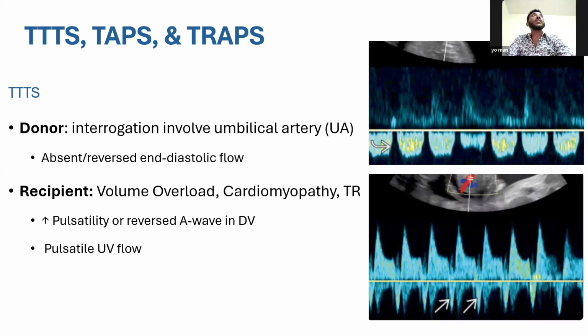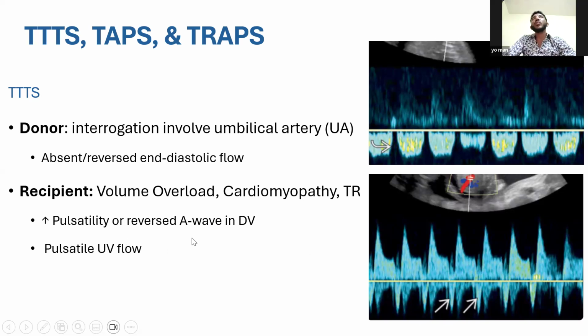The other is twin pregnancy, and the things that we are going to deal with in twin pregnancy are TTTS, TAPS, and TRAPS. So in twin-twin transfusion syndrome, the donor interrogation involves the umbilical artery. Absent or reversed end-diastolic flow will be seen in the donor. And in the recipient, there will be volume overload and also cardiomyopathy.